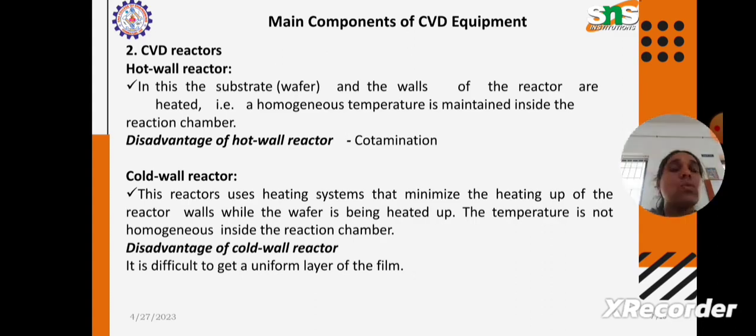It has its own disadvantage, contamination being the main one. In the cold wall reactor, the heating system minimizes heating of the reactor walls while the wafer is being heated up. The temperature is not homogeneous inside the reaction chamber. It also has the disadvantage that it is difficult to get a uniform layer of film. That is the main disadvantage of the cold wall reactor.